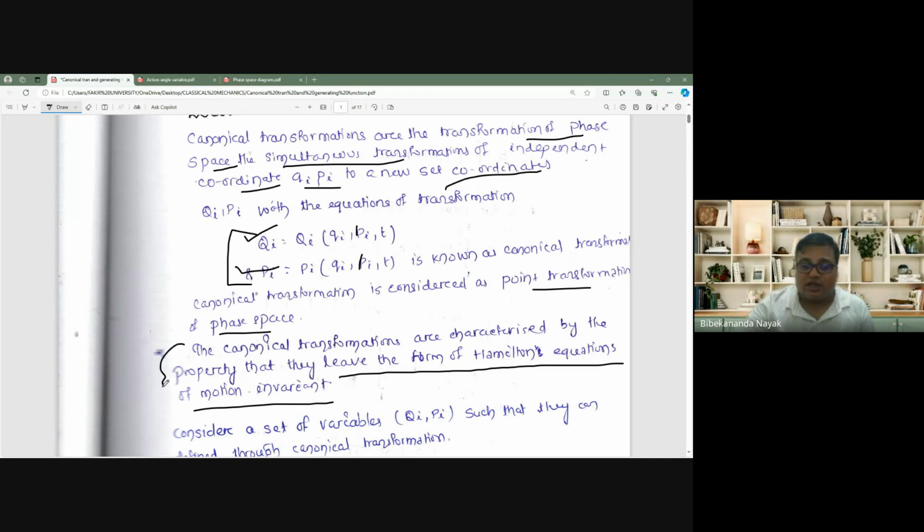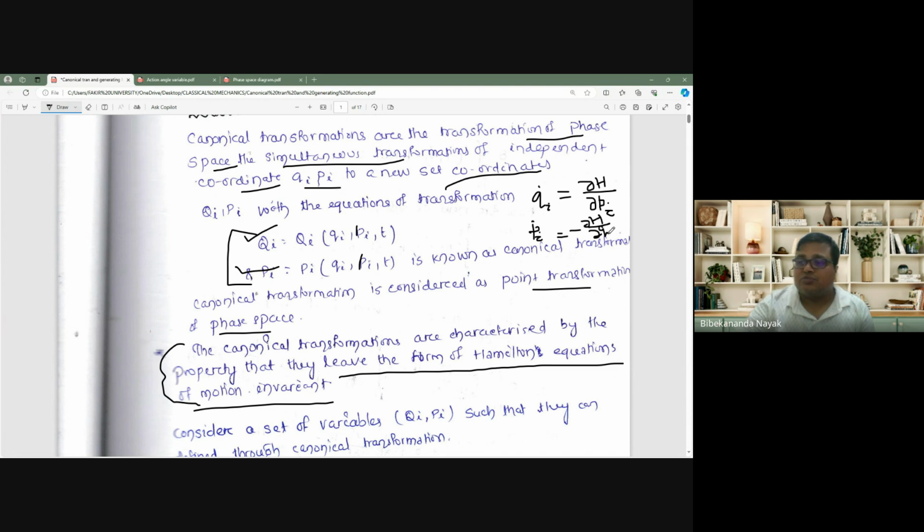That is why they are called canonical transformations. We know Hamilton's equations of motion are qi dot is equal to del H by del pi and pi dot is equal to minus del H by del qi. And this form remains the same if the transformation is canonical.